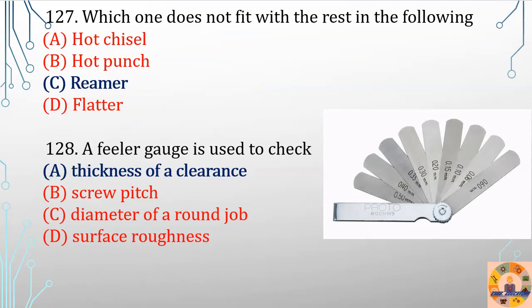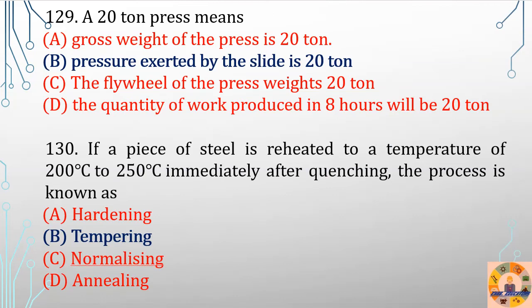Next question, a 20-ton press means pressure exerted by slide is 20 ton. Next question, if a piece of steel is reheated to a temperature of 200 degrees Celsius to 250 degrees Celsius immediately after quenching, the process is known as tempering.